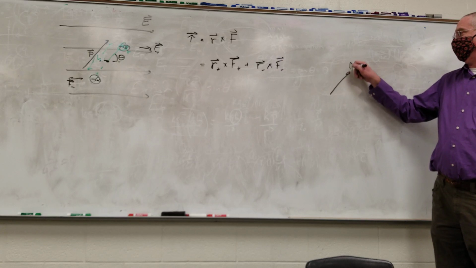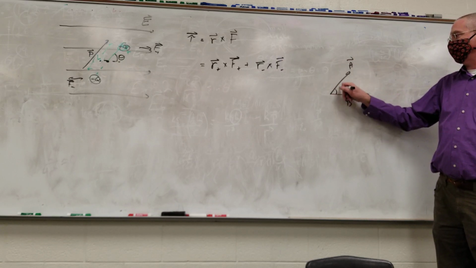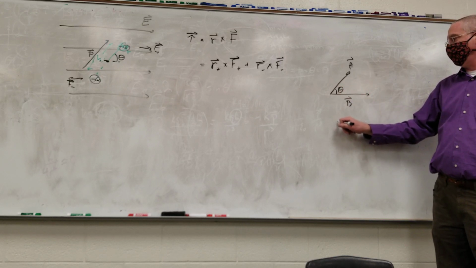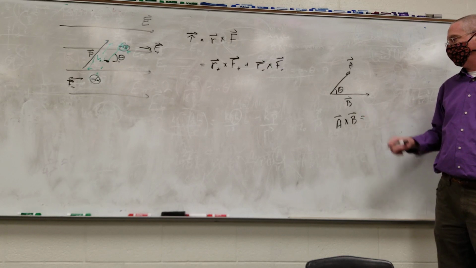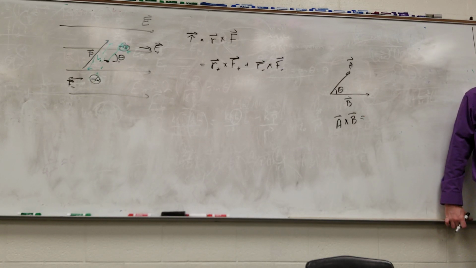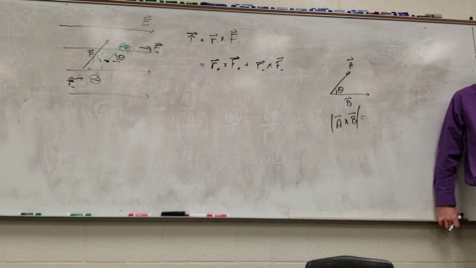So if I have vector A and vector B, some angle between them of theta, let's just start out with, what's the magnitude of the cross product? A times B cosine theta. Sine theta, yeah.